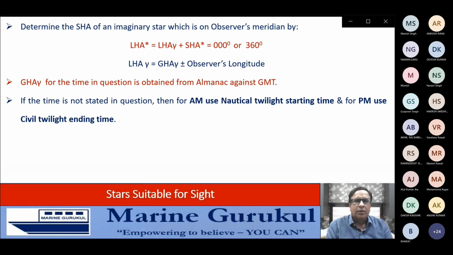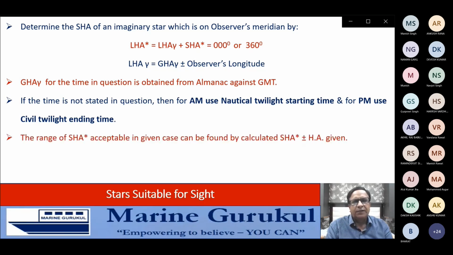Please remember, all the twilights begin at different timings in the morning and they all end at sunrise. So we take the time when the nautical twilight begins in the morning. If it is a case of evening, then all twilights begin at sunset and end at different times, and we shall use the time when the civil twilight comes to an end.